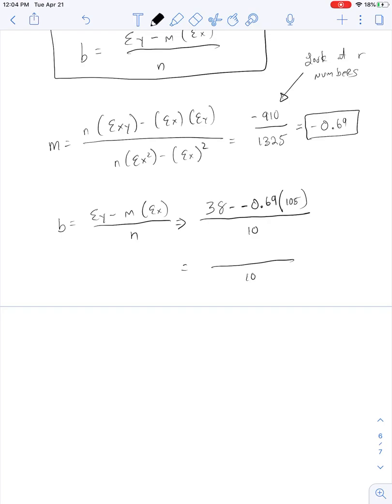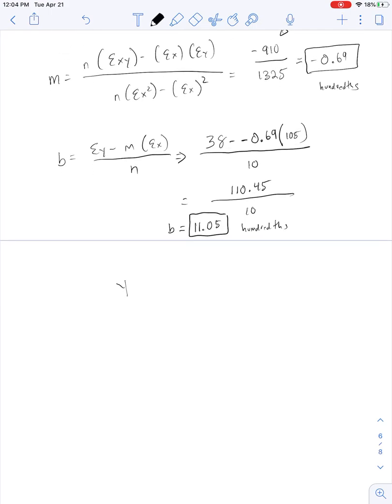If we just do the top math, we get 110.45. And this ends up giving us a B of 11.05. Once again, we're rounding to the hundredths, and with our M, we round it to the hundredths. So now your equation is Y equals negative 0.69x plus 11.05.